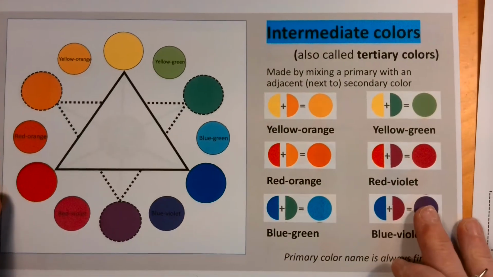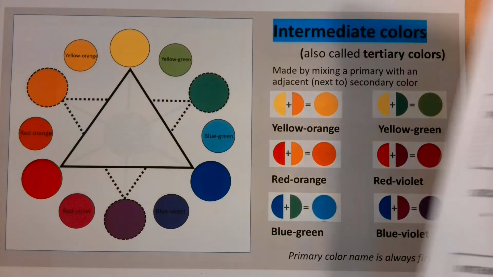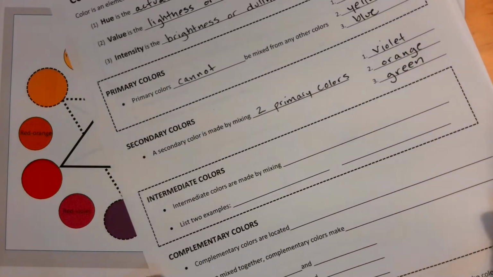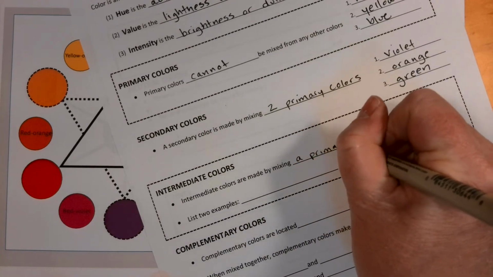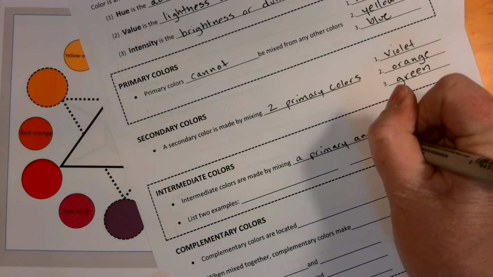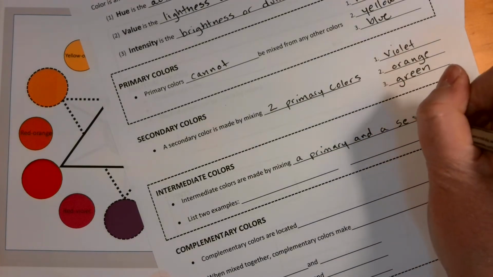Okay, so intermediate colors are made by mixing a primary and a secondary.